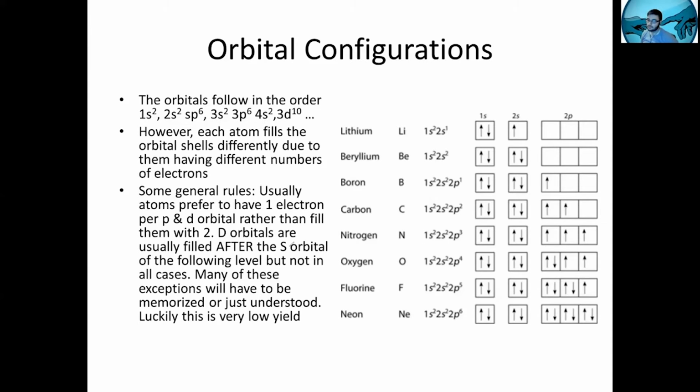Okay, so that's again just a general thing. Many of these you'll just have to memorize, or you'll have to understand them. Luckily, this is very low yield, and you very rarely will see these orbitals. They'll ask you to fill up these orbitals or say something about these orbitals. But in case they do, this is something to know, and it's even rare that they'll give you a curveball.